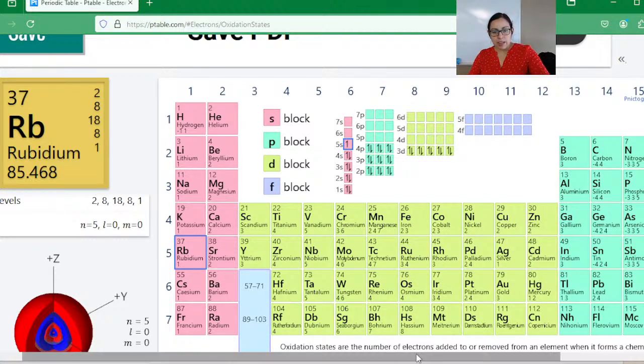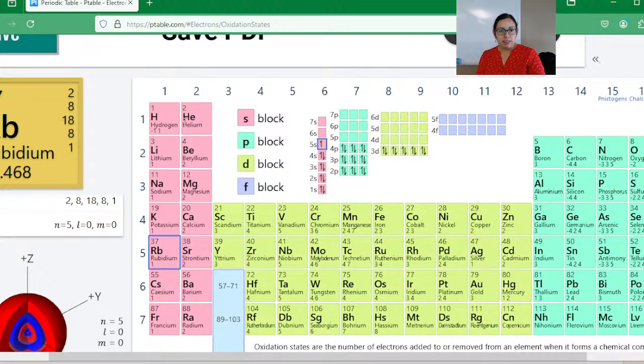The 1s only has an s orbital in it, and that is the only type of orbital that exists in the first energy level, going back to our Bohr model. On the second energy level, the s and the p orbital can both exist, but that's it. Once you get to the third energy level, that's when we finally start invoking the d's. And the fourth one is where the f orbitals start, which is where you get the 36.